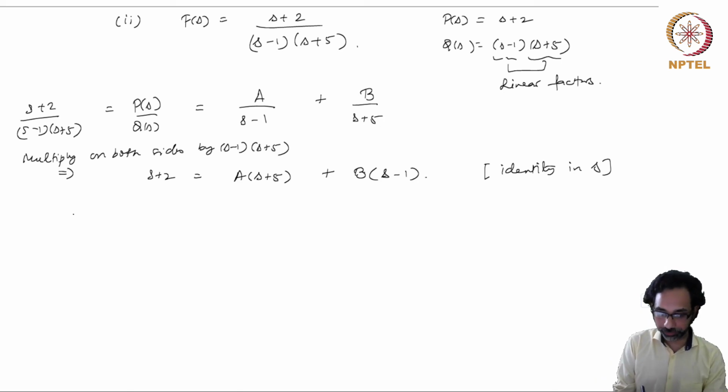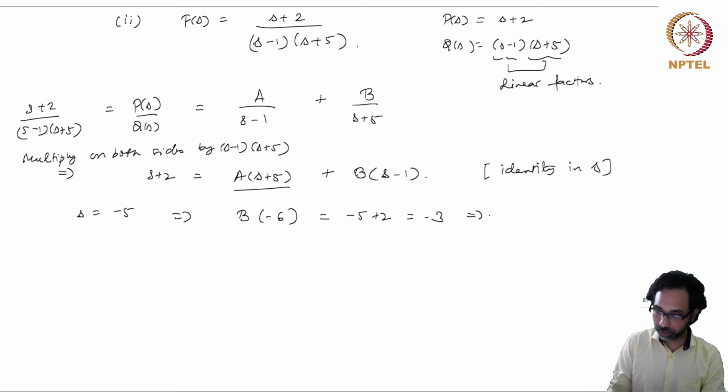So let me take s equal to minus 5, so this will make this factor go away, and so this implies that B times minus 6 equals minus 5 plus 2, which is minus 3. So this implies that B equals half.